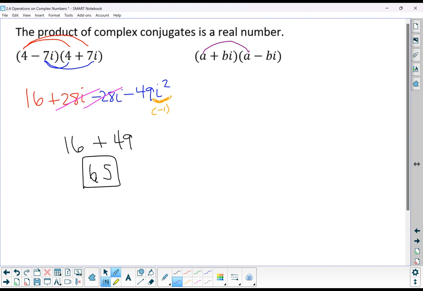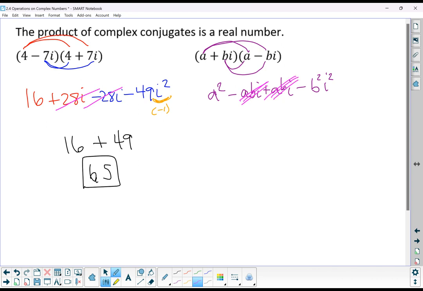a times a is a squared. a times negative bi is negative abi. bi times a is positive abi. And bi multiplied by negative bi is negative b squared i squared. So again, you can see that the negative abi and the positive abi cancel each other out.